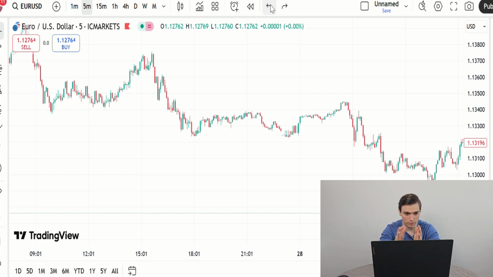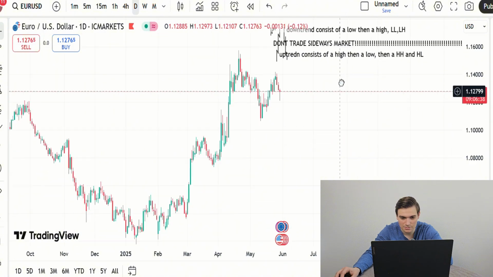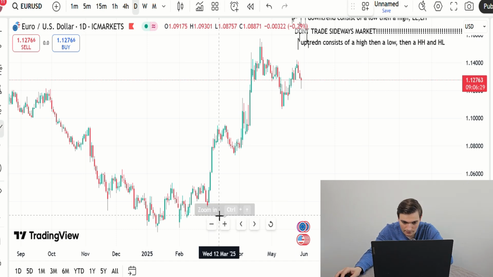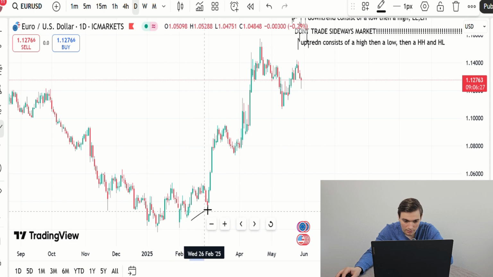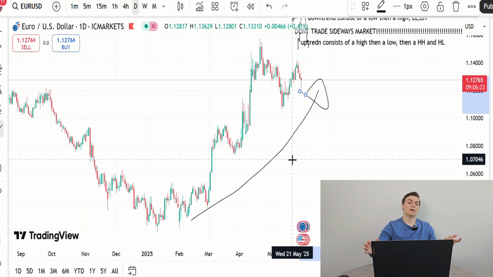If we are on the daily chart, we can clearly see that we are in what? In an uptrend. We are going up. So does that mean that for today we're gonna buy? No. It doesn't mean that for today we're gonna buy.